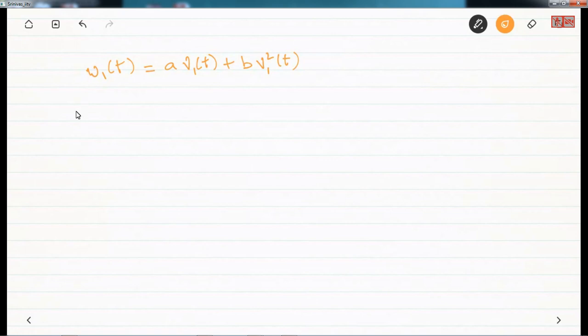So this is the input-output characteristics, just like your VI characteristics, the input-output relation of the second order nonlinear device. So assume we have such a device.